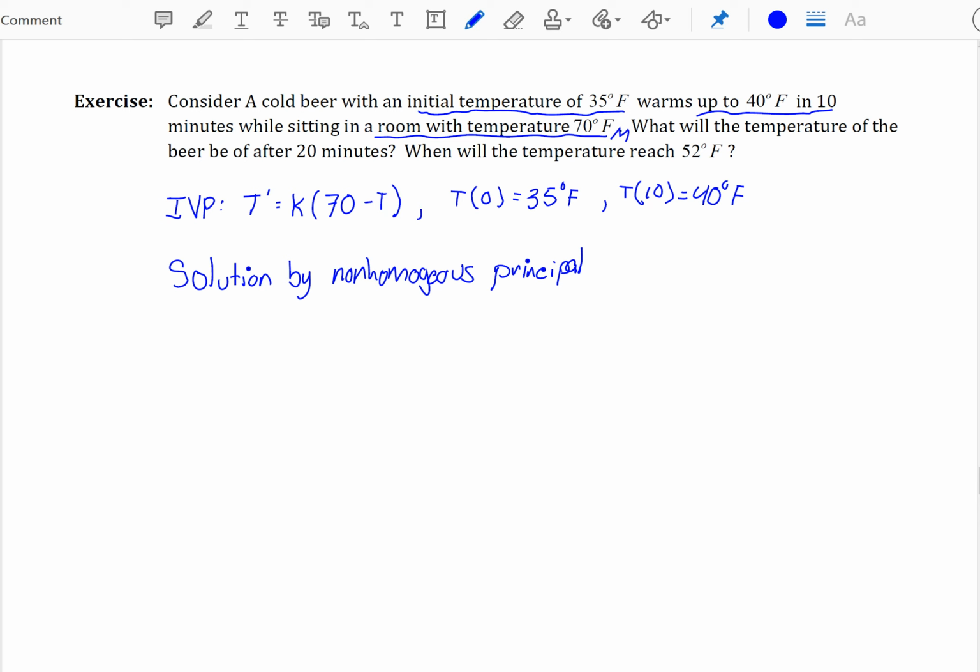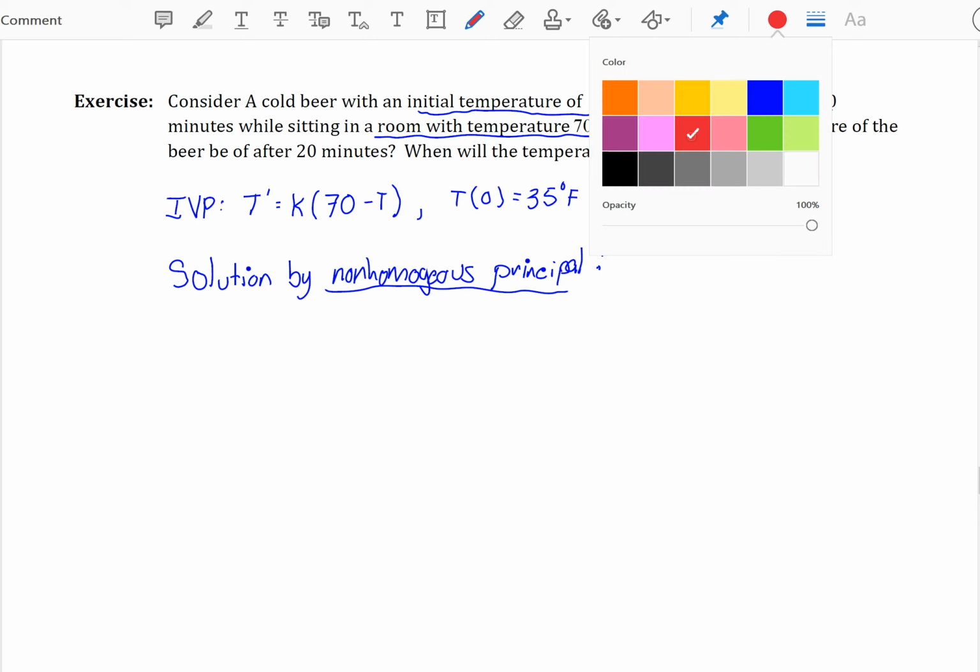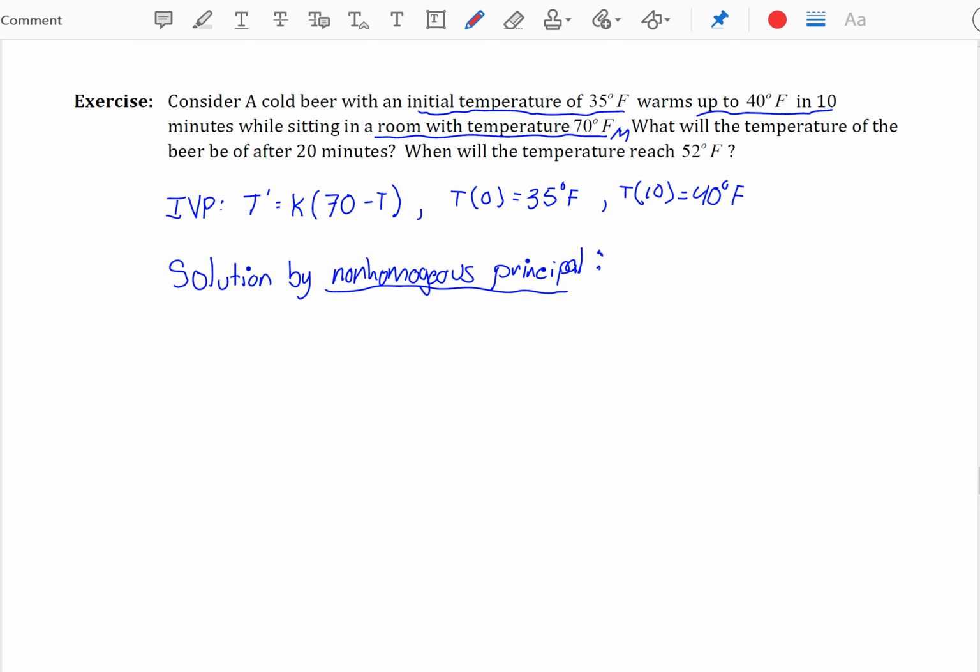Now, this time I'm going to use the non-homogeneous principle as our method. So here we go. To find our solution by the non-homogeneous principle, I'm going to again choose to rewrite our differential equation by distributing our factor k.